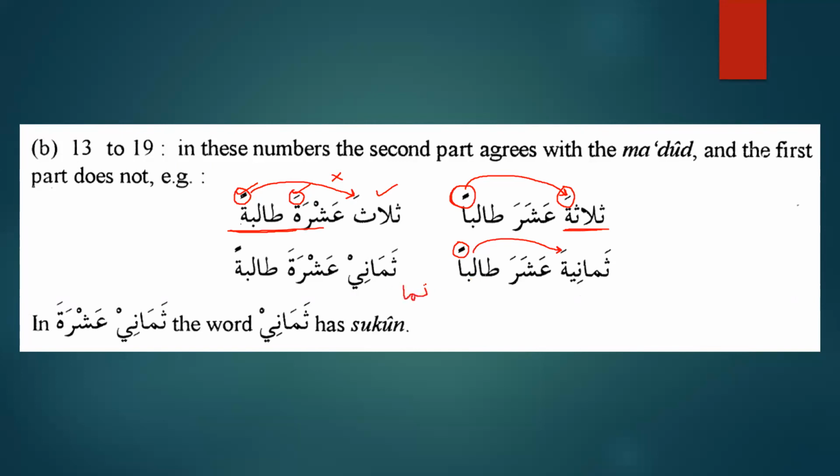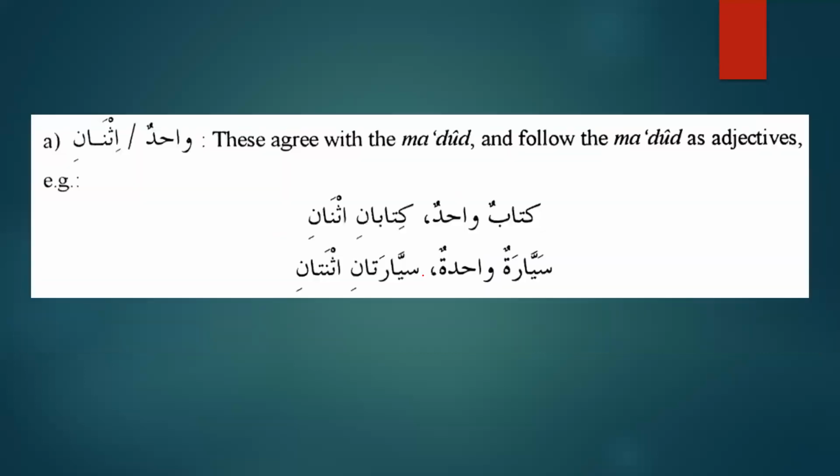If you remember, ismul manqus has a hidden ya in it, and now the number is being used as mudaf. So when it is being used as mudaf, then what happens? The ya comes back. So we will say thamani ashrata talibatan. So for masculine, thamaniyata ashara taliban, but feminine we will say thamani ashrata talibatan. Here ya will be sakin. That's very, very important.